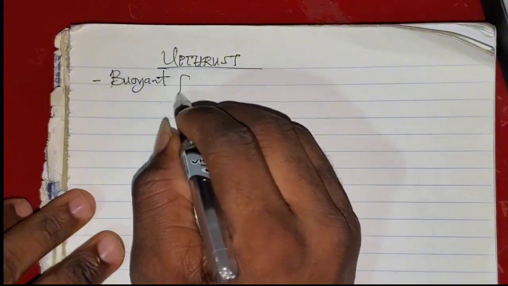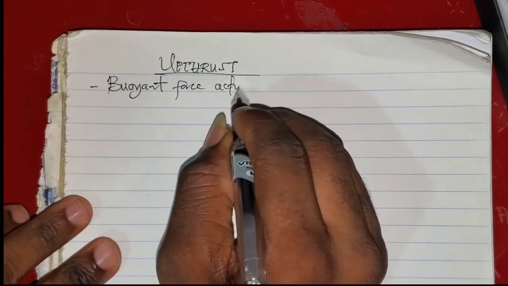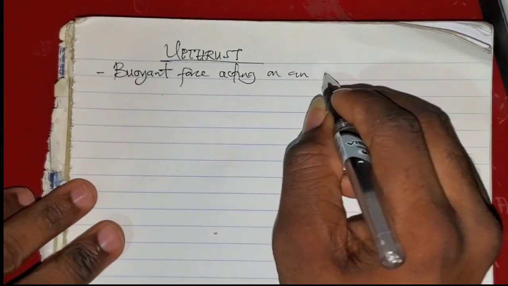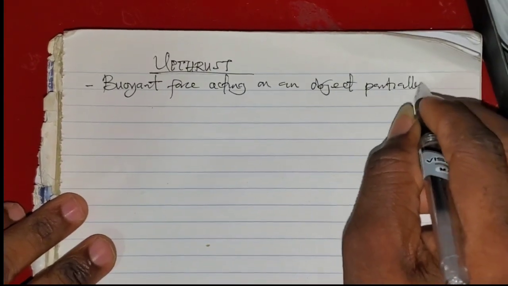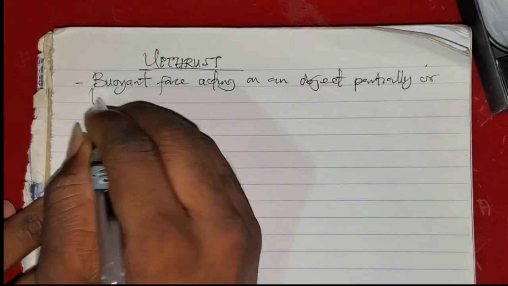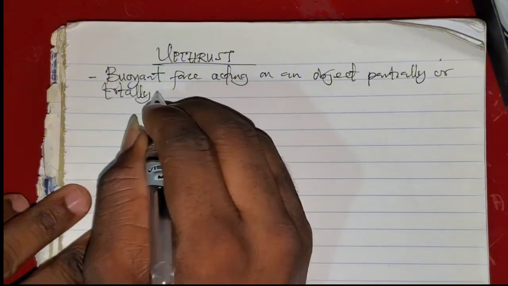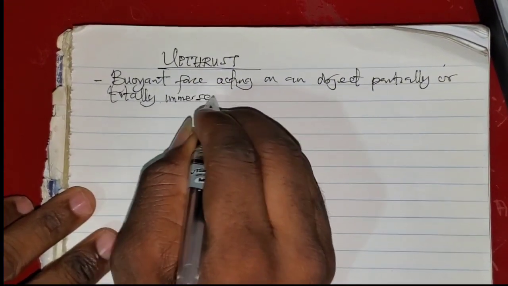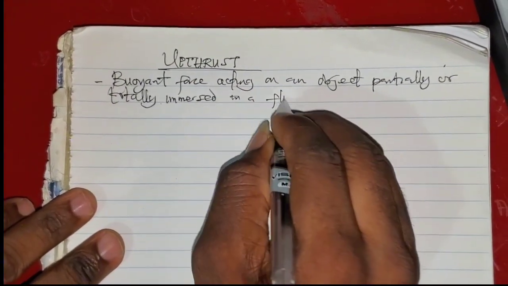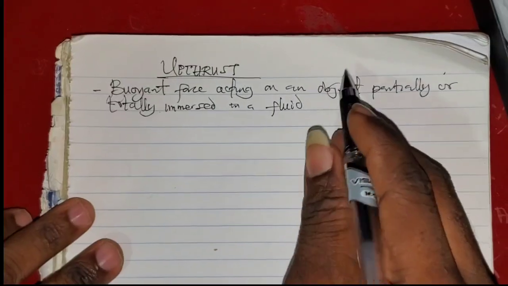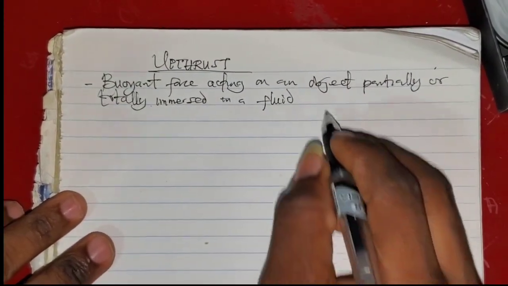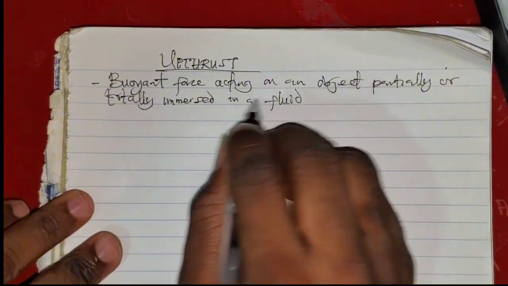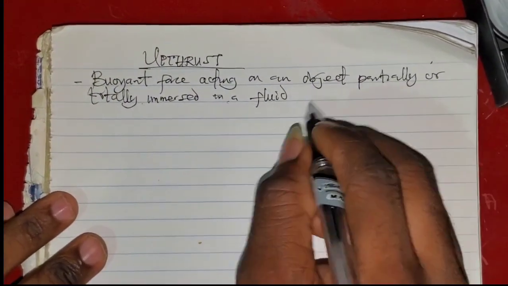So it is the buoyant force acting on an object partially or totally immersed in a fluid. When they talk about fluid, we have gas or liquid. This is as a result of the weight of the fluid displaced.